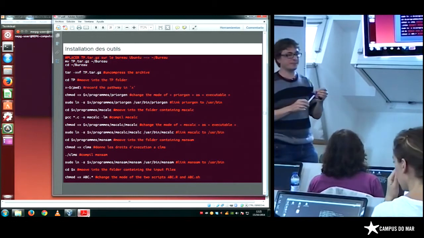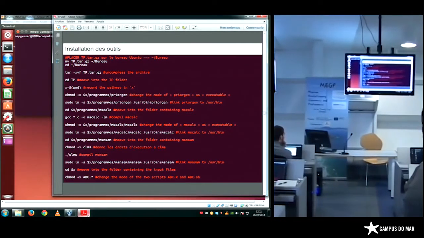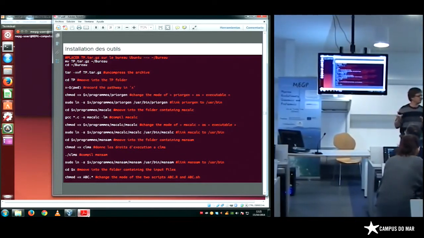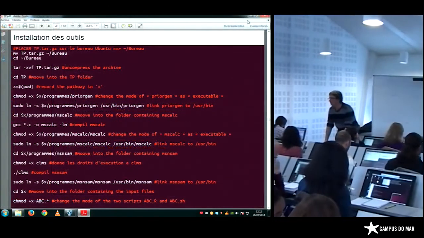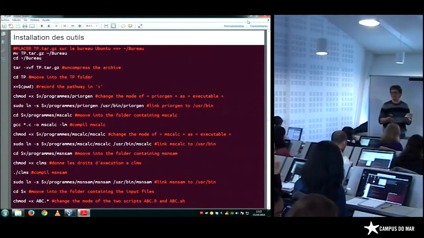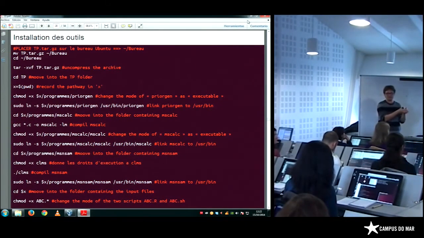Okay? So each time you are going to use x, it will mean I go to the folder TP-ABC. It's useful. You don't have to move to folders every time. So everybody is in the folder TP-ABC. Everybody recorded the pathway in the variable x. Okay?